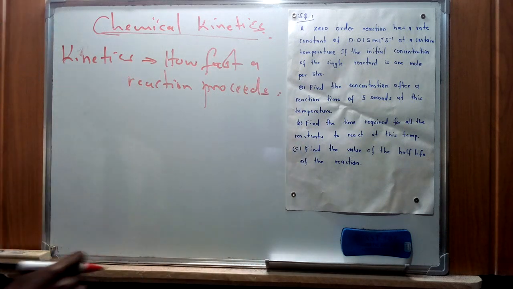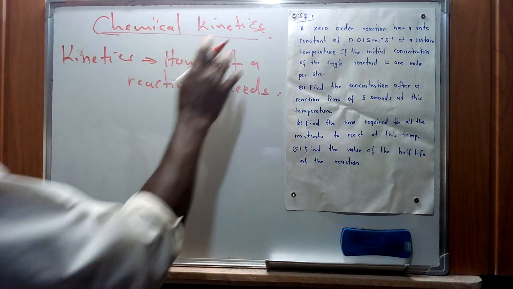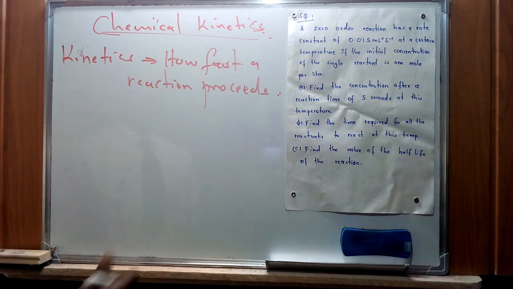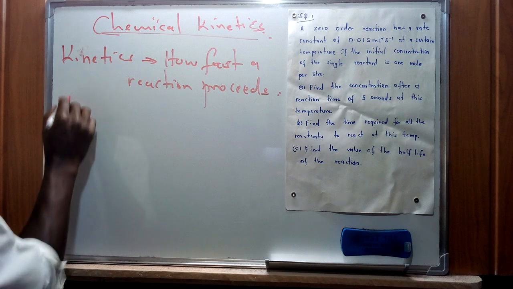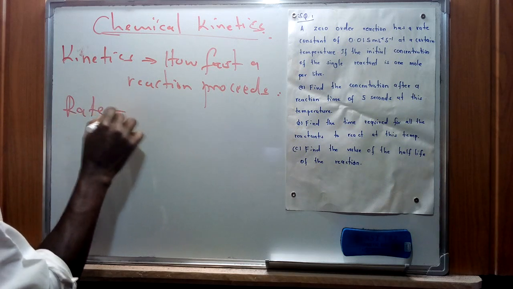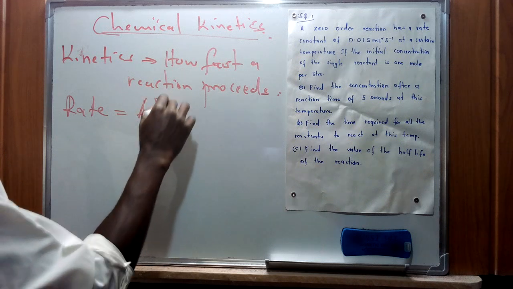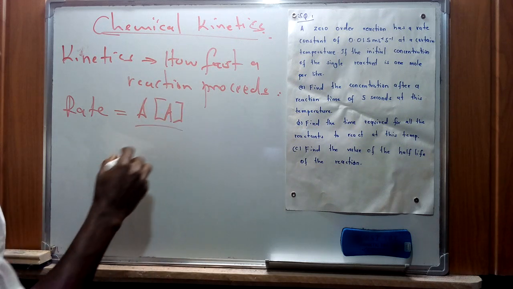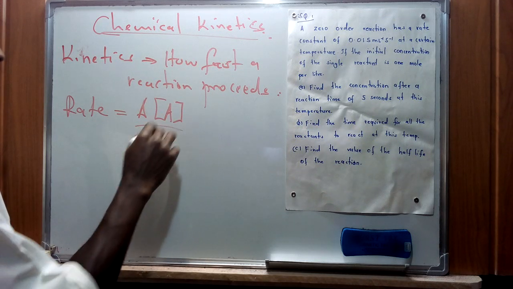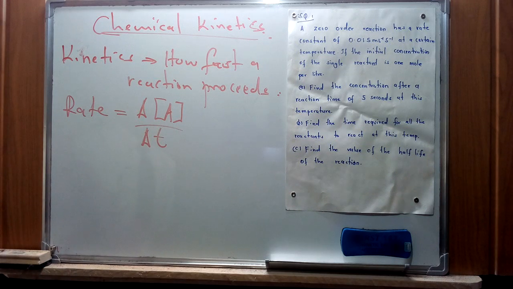The convenient way in which we can describe the speed of a reaction is using the concept of rate. And rate, we said, is the rate of change in concentration of a reactant over the change in time for the period for which the reactant has changed.